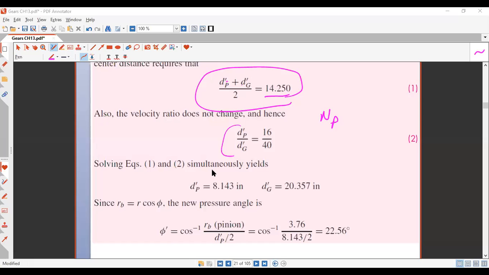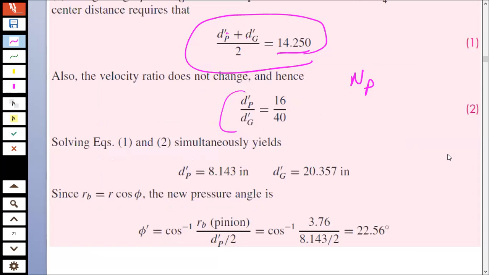Okay, so as we were just discussing this problem, what we are going to do is find the new values of the pressure angle and the diameters of the pitch circles. Again, we know the velocity ratio.